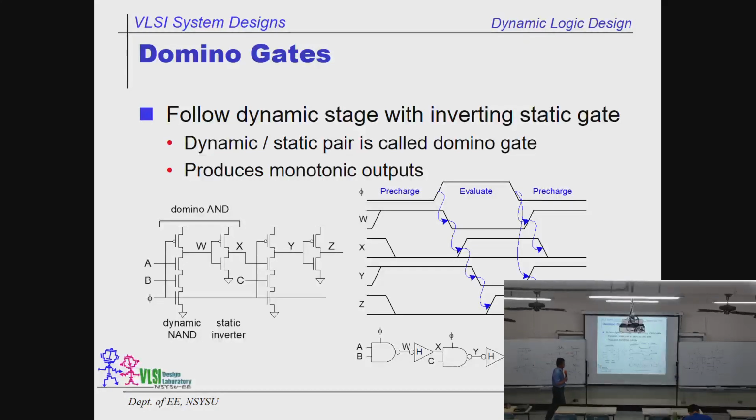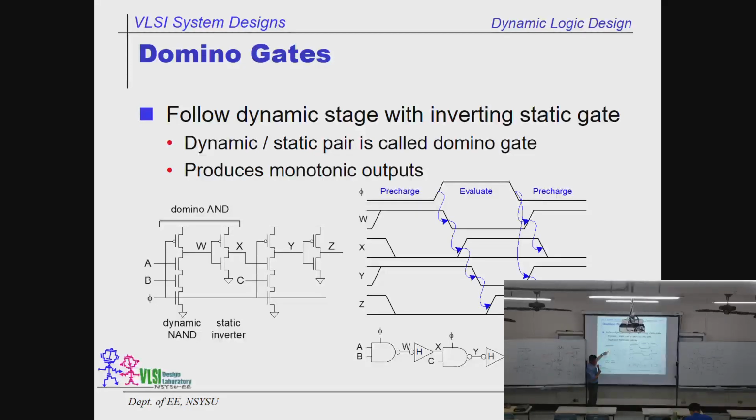This guy is very smart. This guy says, between any two dynamic logic, we need to add a static logic, a static inverter here. This guy is going to help us, because when this is high, X will be 0. Because it's not dynamically driven, it's static logic.